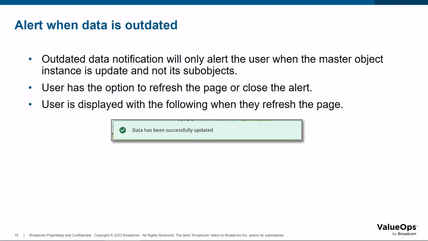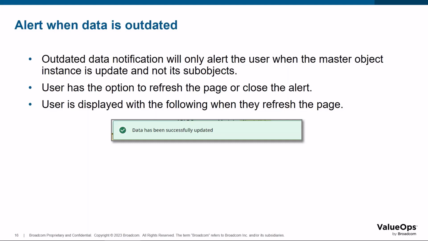The outdated notification will only alert the user when the master object instance is updated and not its sub-object. So if I am in a project's properties page and another user goes into the same project's task page and makes changes to the task, then the first user is not alerted, because the second user is making a change in a different part, in this case the sub-object of that specific object.